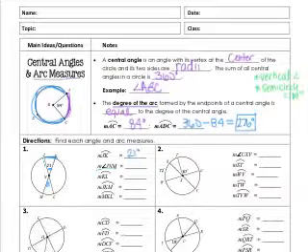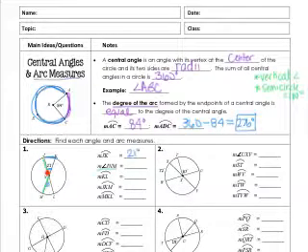So when I look at the second one, it's asking for the measure of angle JNM. So JNM is this angle right here. Well, earlier I had noticed that MK is a diameter. So that means that it is half of the circle. So if the circle is 360 degrees, then the distance from K to M is going to be 180 degrees, okay?